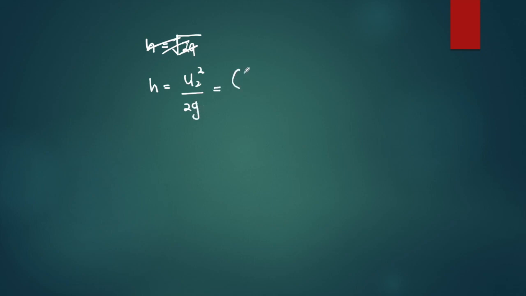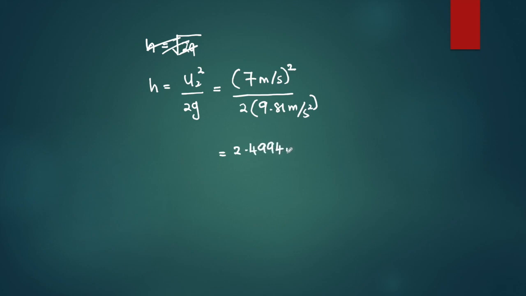Substitute the value of U2, 7 meter per second, squared, divided by 2 times the gravitational acceleration, 9.81 meter per second squared. Therefore, you will get the value for H as 2.4994 meter, or 2.5 meter. So you have answered your question.